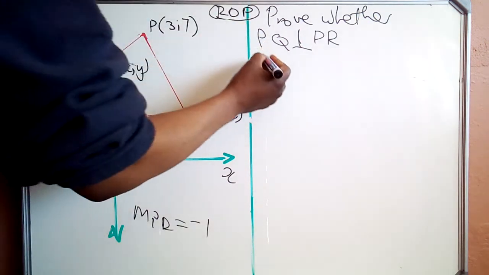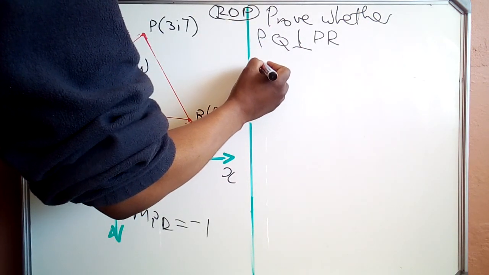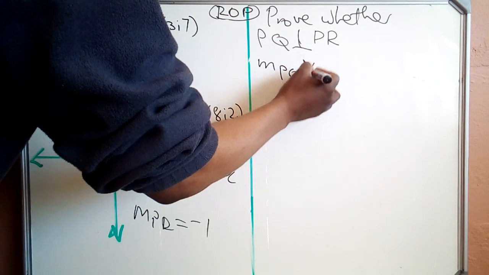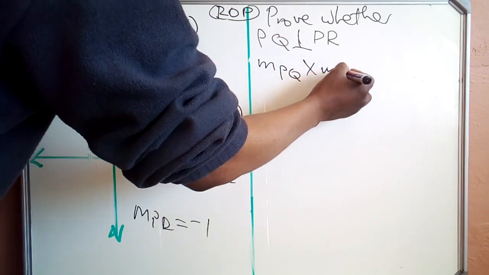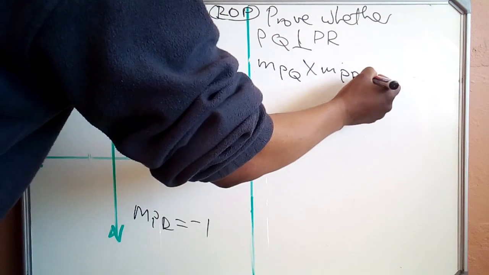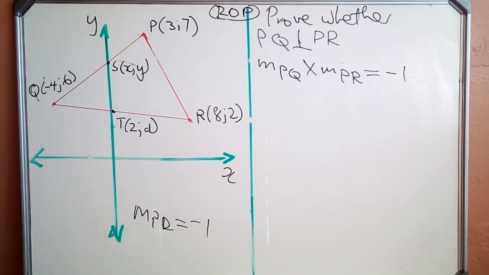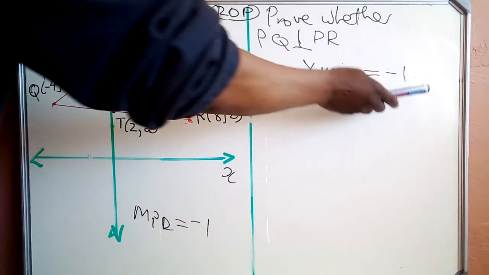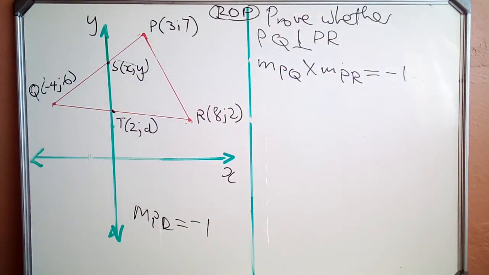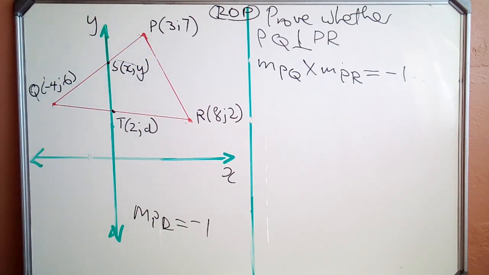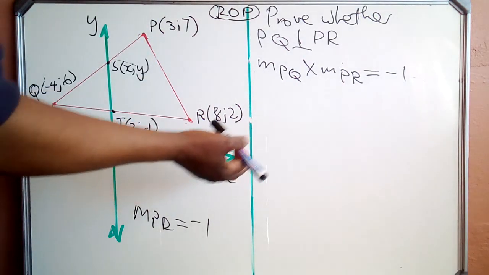We know that if we say the gradient of PQ times the gradient of PR, this will give us -1. The gradient of perpendicular lines will always give you -1. That is how we know that the two lines will meet at a right angle. We already have found the gradient of PR to be -1.